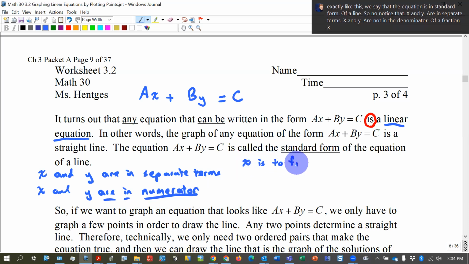X is to the first power. Y is to the first power.